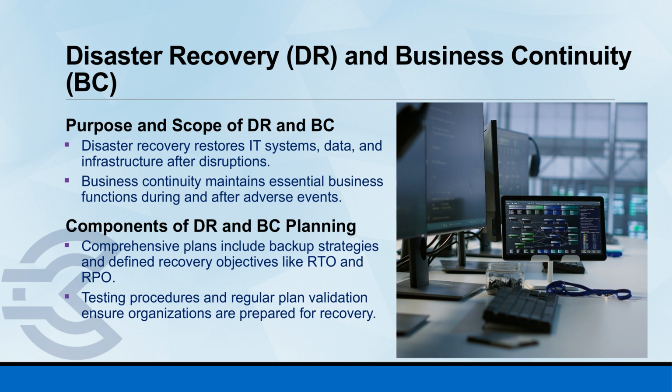We discussed the importance of developing comprehensive disaster recovery and business continuity plans, including backup strategies, recovery objectives, RTO and RPO, and testing procedures. Regular testing of these plans ensures that organizations are prepared to recover quickly and effectively in the event of a disaster.